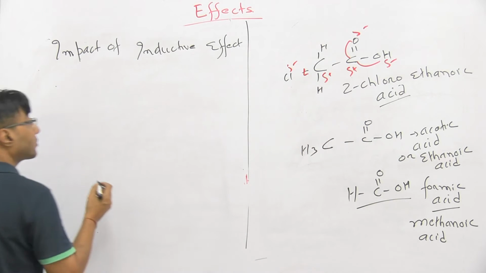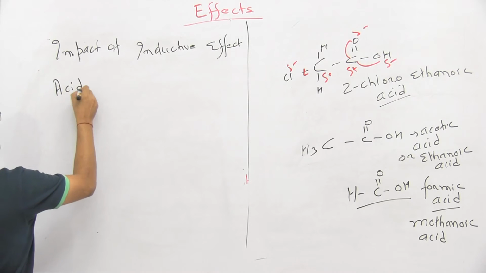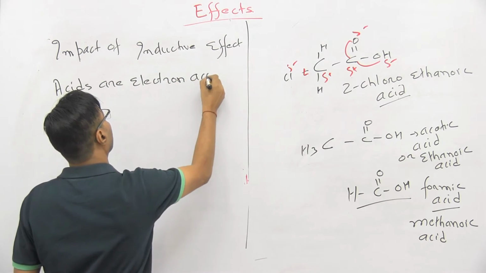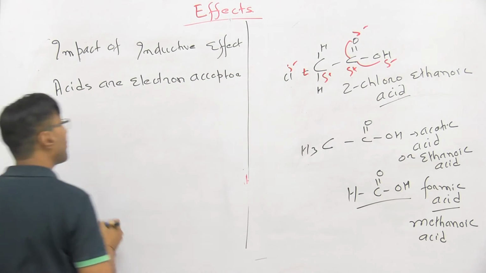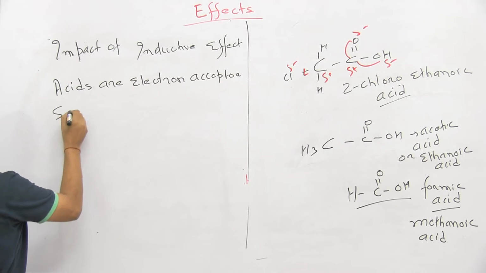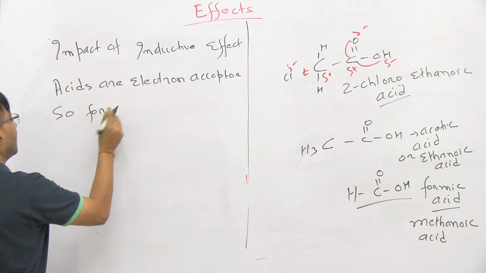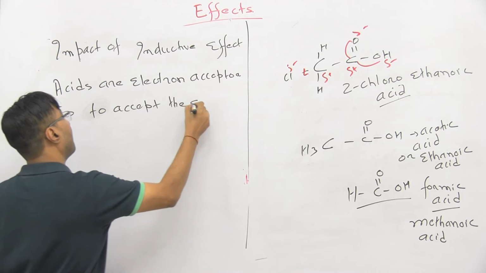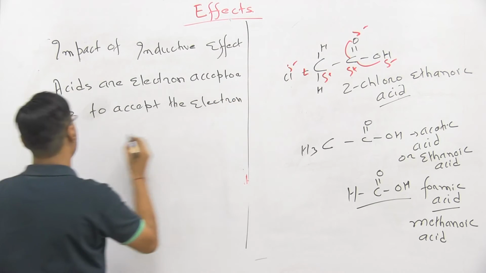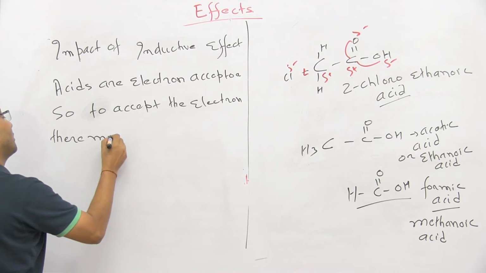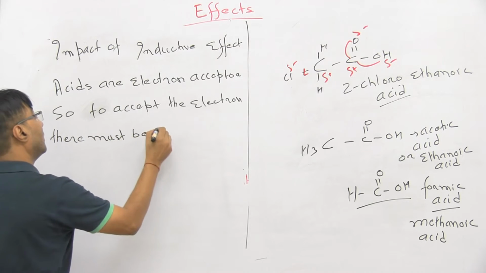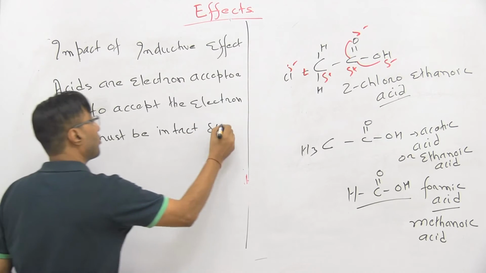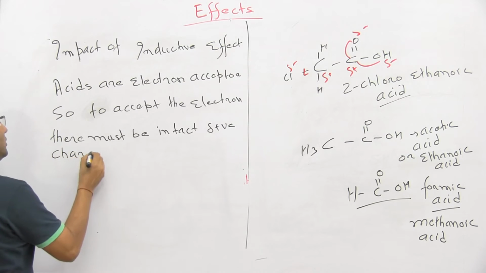We know acids are electron acceptor. To accept the electron, there must be a delta positive charge on carbon.